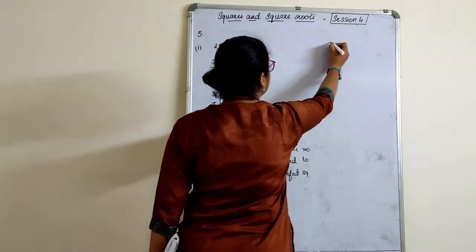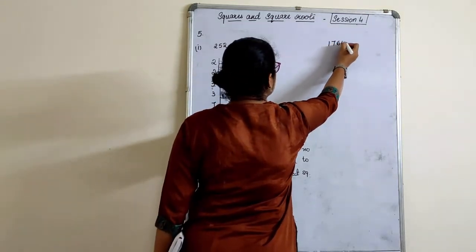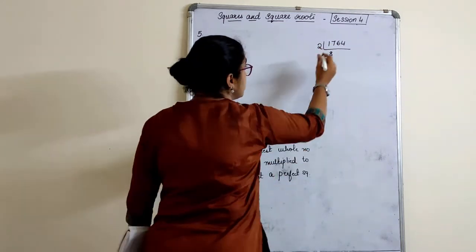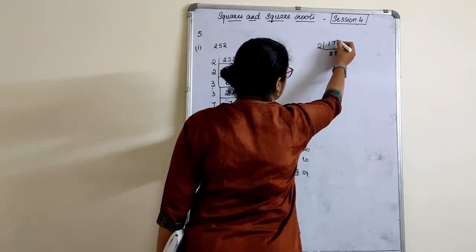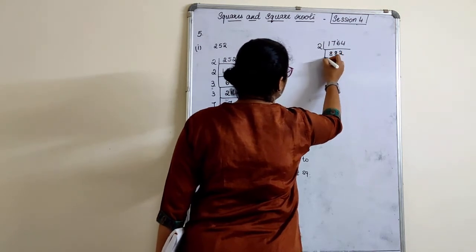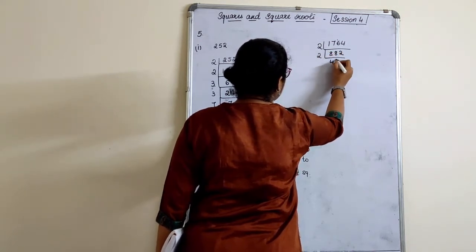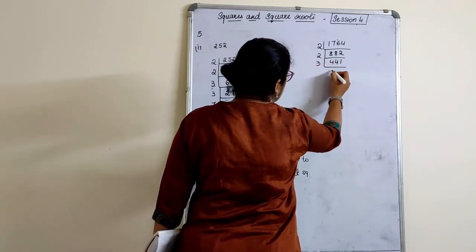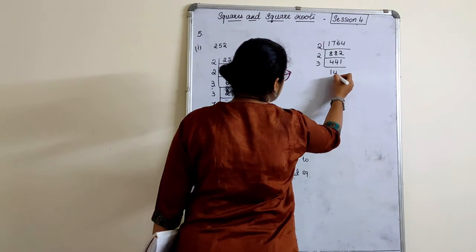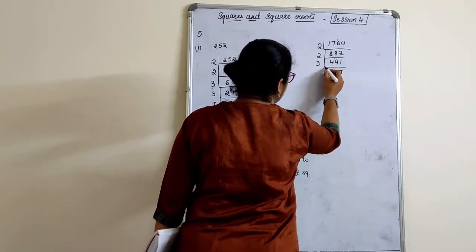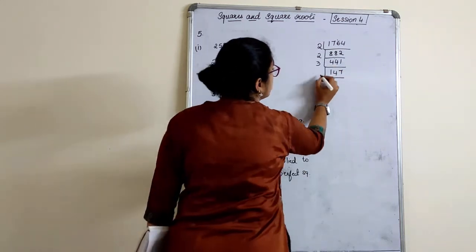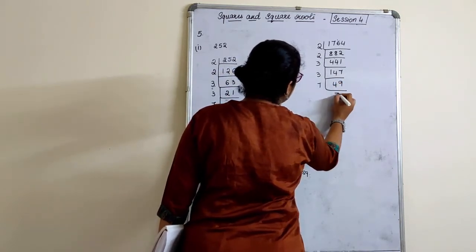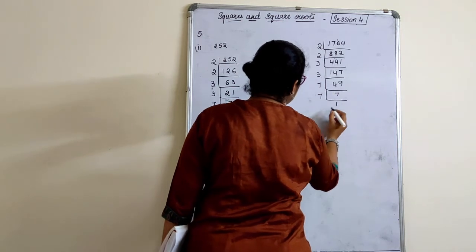I will be doing it there. 1764, factorize. 2 eights are 16, 2 eights are 16, 1 carry over, 2 twos are 4. 2 fours are 8, 2 fours are 8, 2 ones are 2. 3 ones are 3, 3 fours are 12, 3 sevens are 21. 3 fours are 12, 3 sevens are 21, 7 sevens are 49, 7 ones are 7.